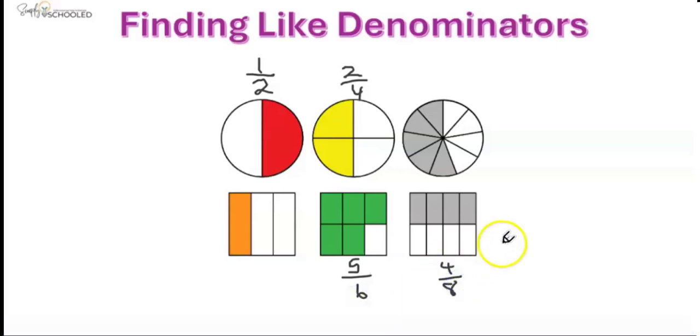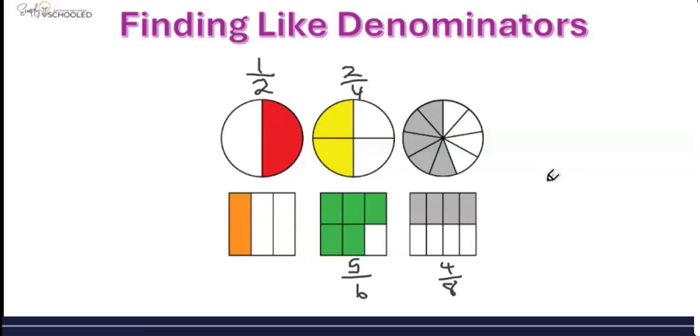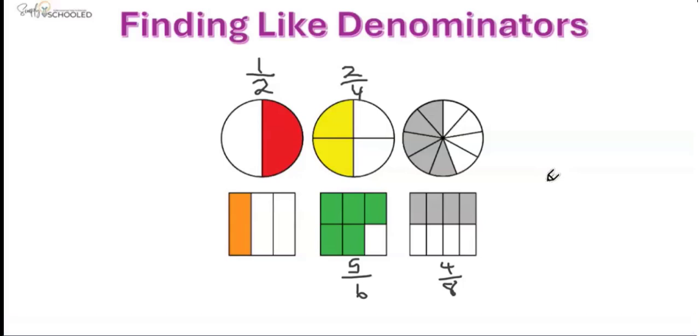So you can see fractions come with all kinds of numbers for the denominator and all kinds of numbers for the numerator. So when we are adding and subtracting fractions, one of the rules is you can only add or subtract fractions with like denominators. So we're going to learn the skill we use for finding equivalent fractions to find like denominators between two fractions.